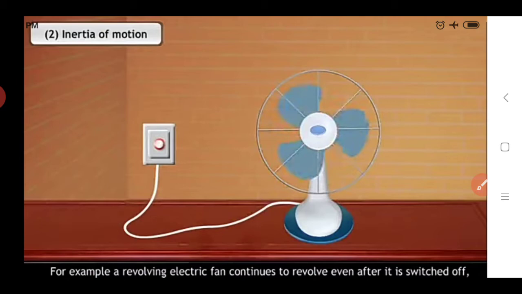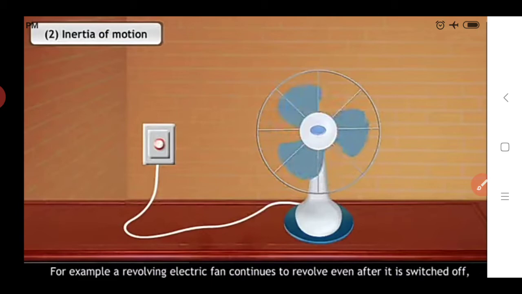Here we see the second type of inertia of motion, that is, when we switch off the electric fan that is revolving. The revolution of this fan will continue even after we switch off the button. Why? Because this object has the ability to remain in its motion state even after we stop the electricity, or stop the current for that fan.